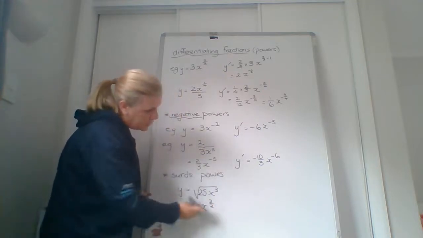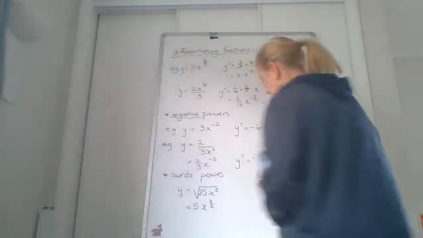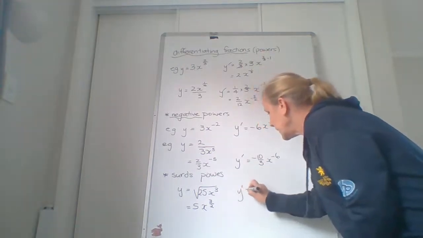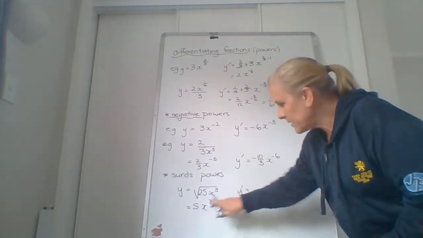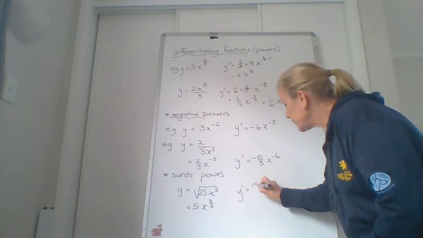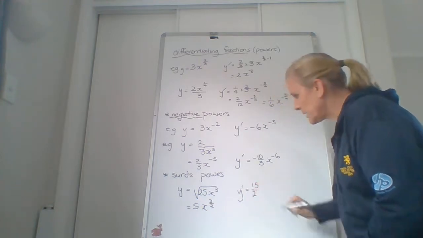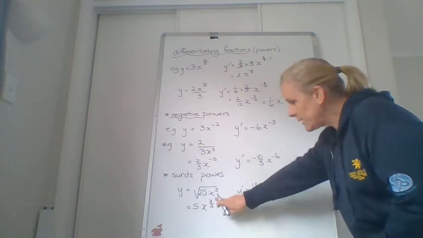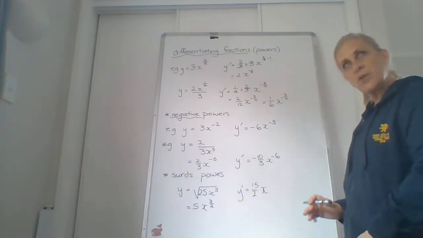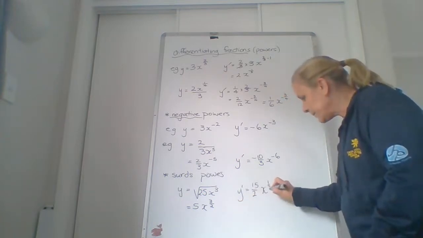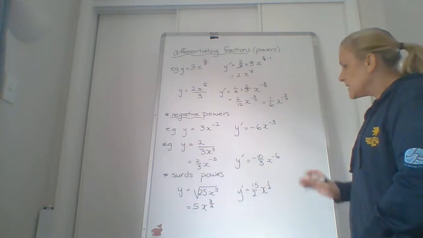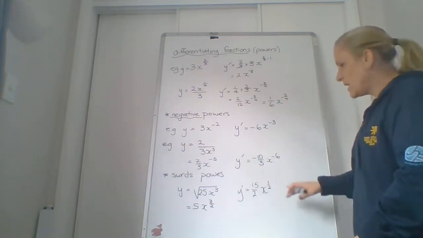So now that we've got that, we can differentiate. So y dash equals, times that, 15 over 2 x, take away 1 from 3 over 2. 3 over 2 minus 1 is a half. So you've got to remember that you've got to write that.